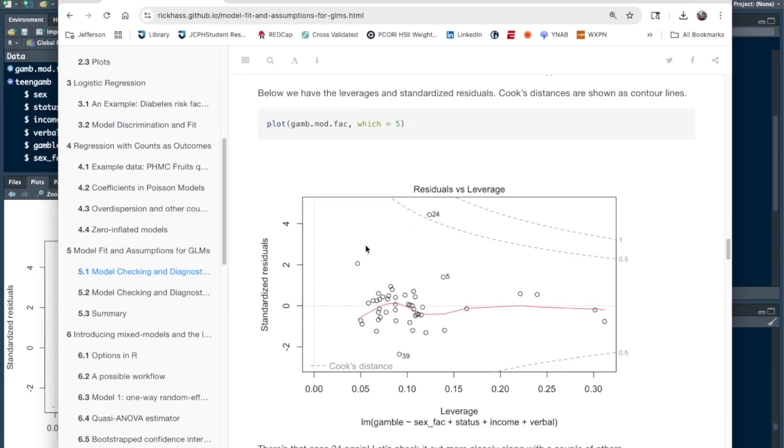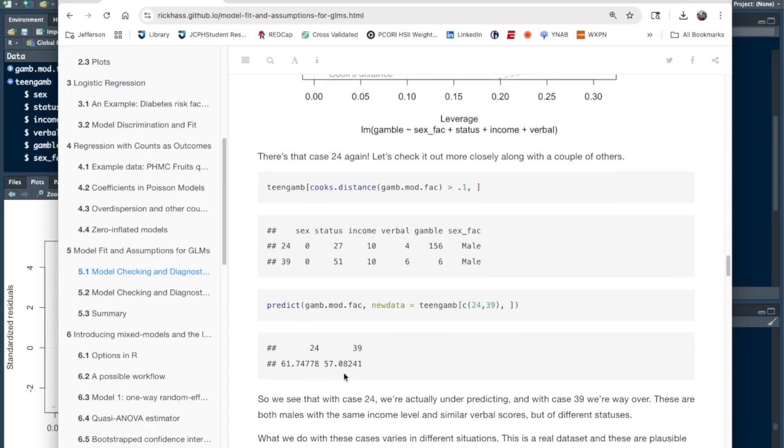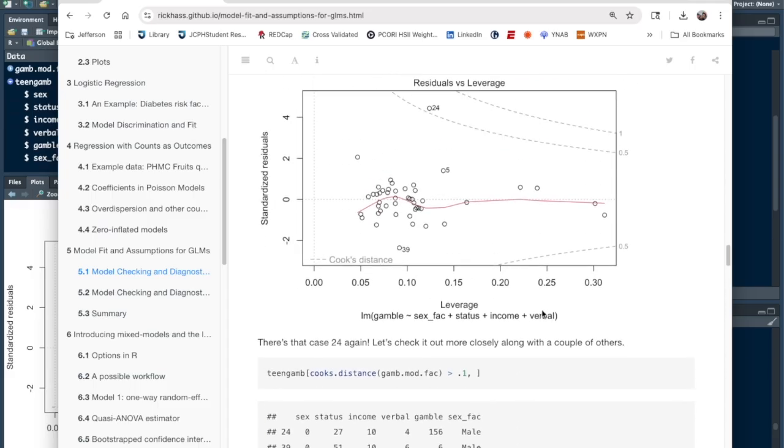So we might say, I'll leave that person in and qualify that we have a fit that might be sensitive to it, so on and so forth. So again, here's our folks with distance greater than 1. We can also see that we're off with both of these. So the other person is 39 down here.